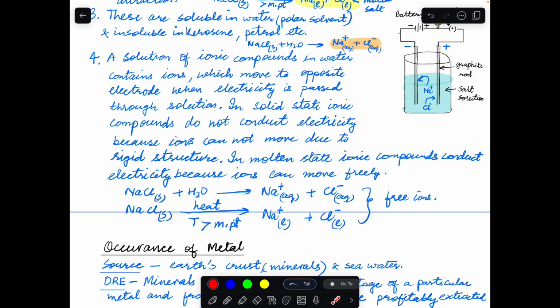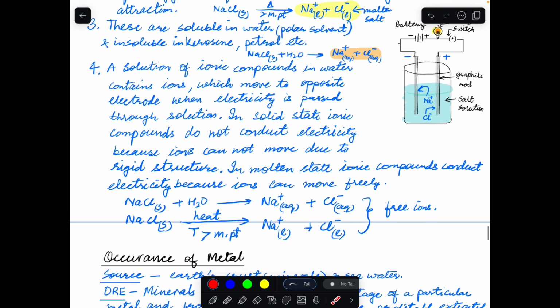So the idea is, solid salt, even if it is an ionic compound, will not conduct electricity. But when we make a solution of any ionic compound, or we take the ionic compound in molten state, then it is capable of passing electric current.